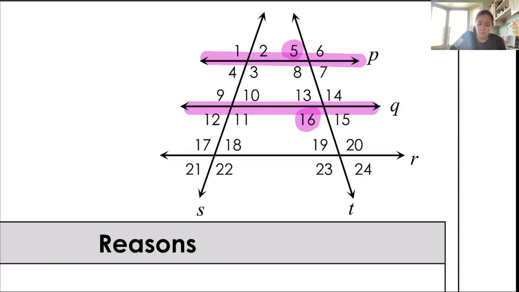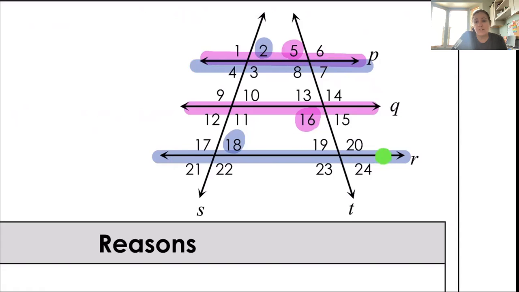You also know that 2 and 18 are congruent to each other. 2 and 18 are corresponding, and they're corresponding with line P and line R. So you could say 2 is congruent to 18, and then from that, if corresponding angles are congruent, then these two lines here are parallel.